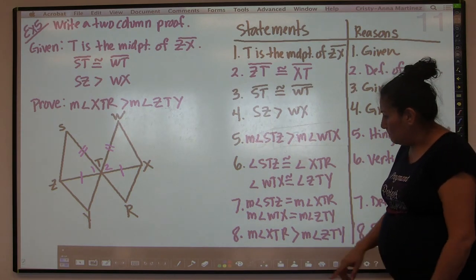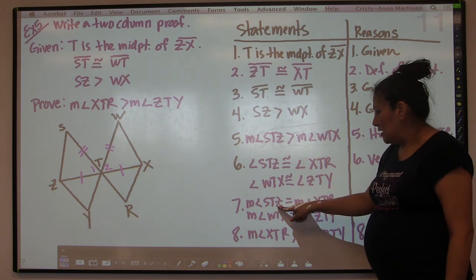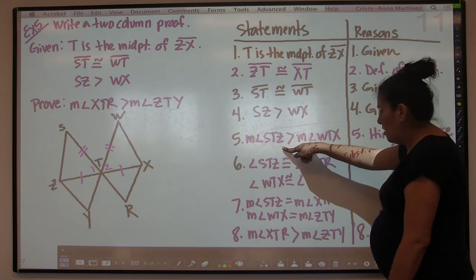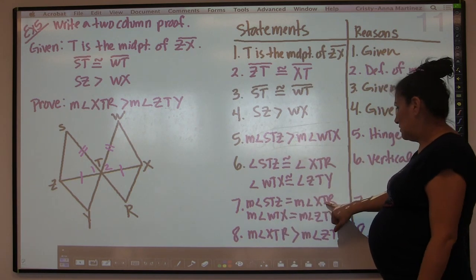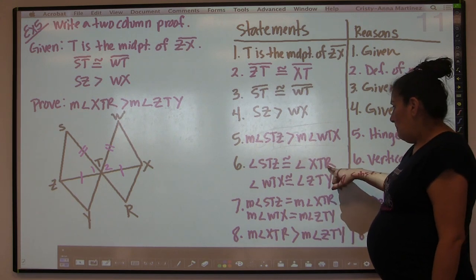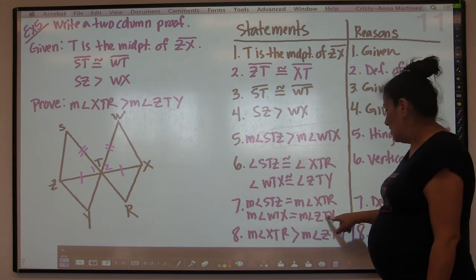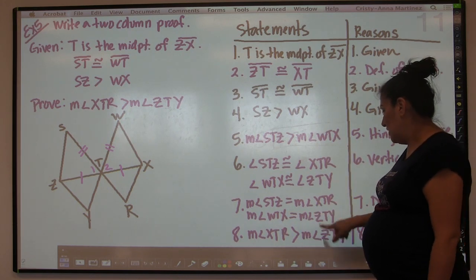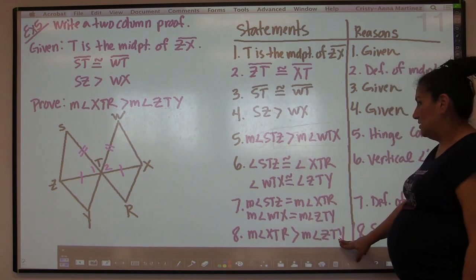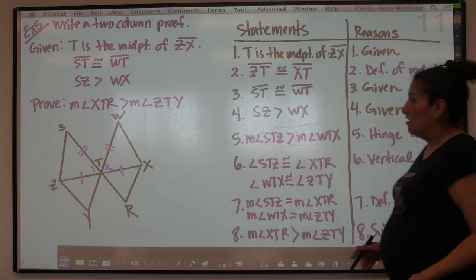I took the STZ statement here and replaced it with XTR, so you can see that it says STZ here, and then since STZ equals XTR, I replaced it, and then here it says WTX, and I replaced WTX with ZTY because they're equivalent here. And so now I have my final statement that XTR is larger than ZTY by substitution from steps 5 and 7. So that's your last proof there.